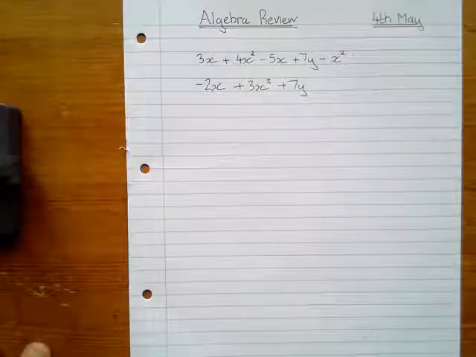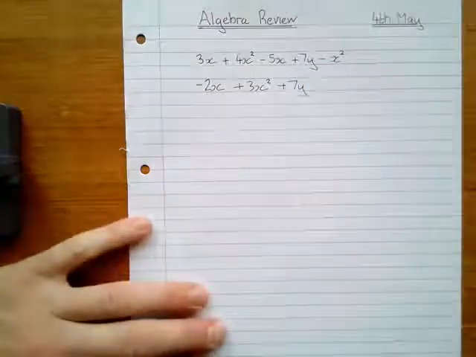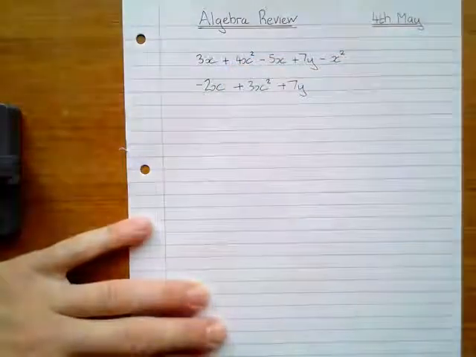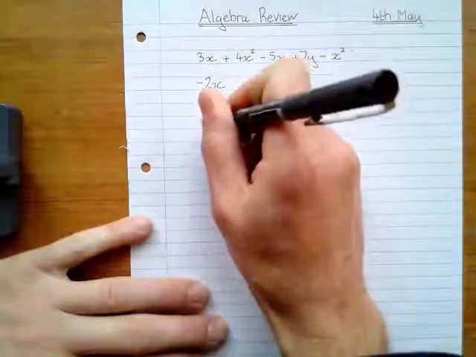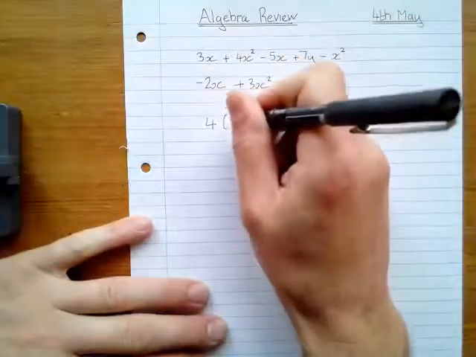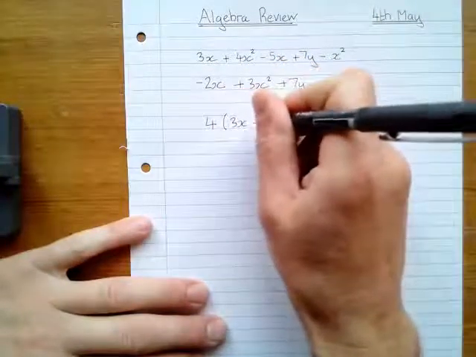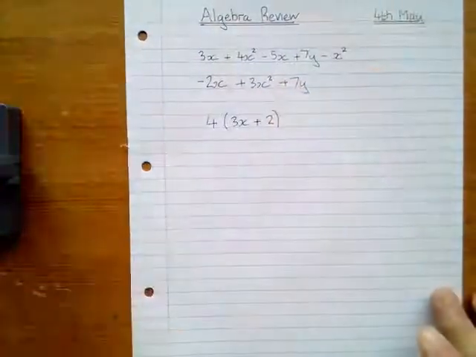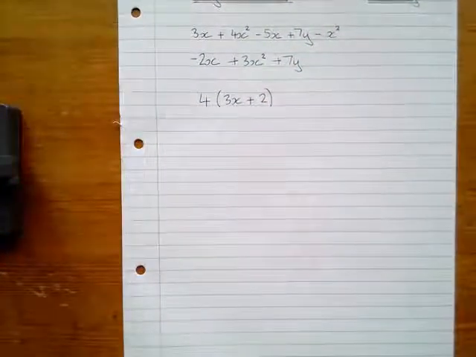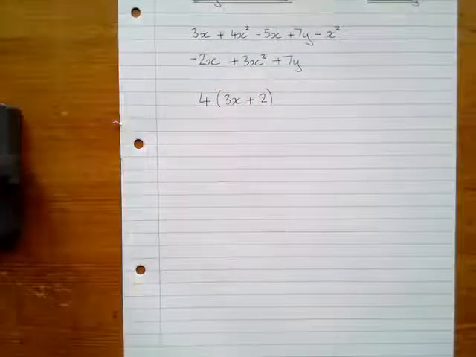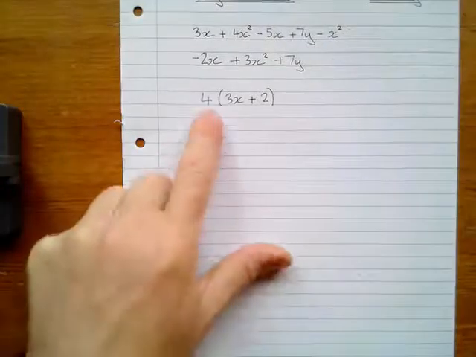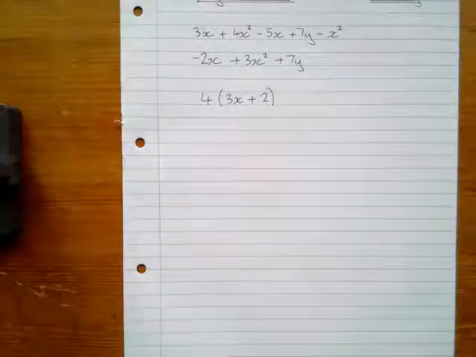Now, the other thing you're going to have to deal with today is when you get brackets in algebra. So, for example, if you had something like 4 times (3x plus 2), then what you're looking at there is an expression. There's nothing wrong with it. It means 4 times all the things in the bracket.